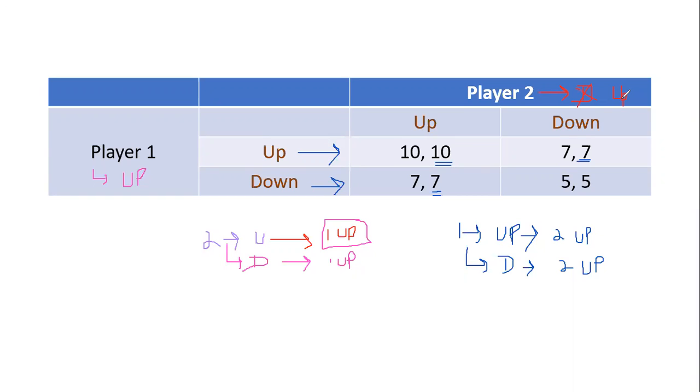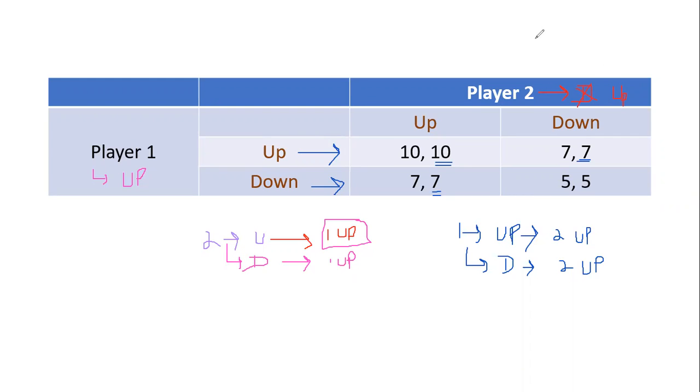Now, let's see which strategy is not best or is worse for player 1. Definitely, it is the down strategy. So, this is a dominated strategy. Similarly, for player 2, such a strategy is also down. So, down is the dominated strategy for player 2.